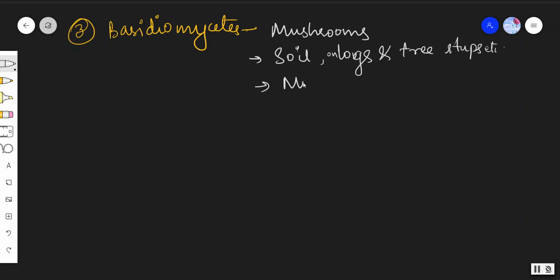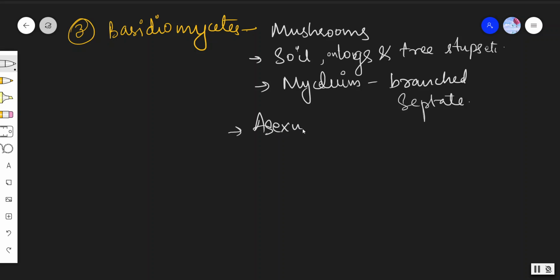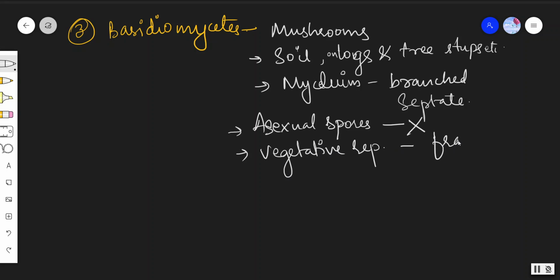The mycelium is branched, septate, and here the asexual spores are generally not found. But vegetative reproduction can be seen through fragmentation.